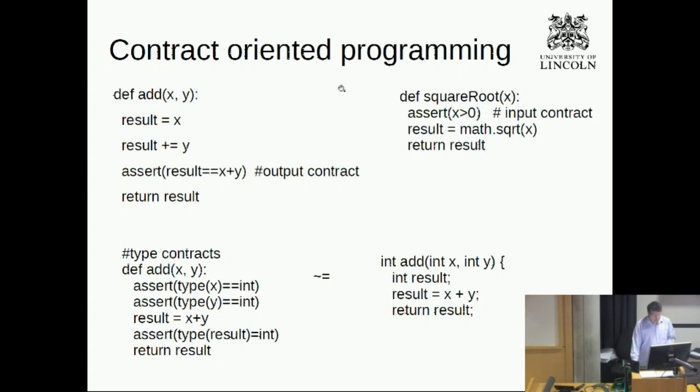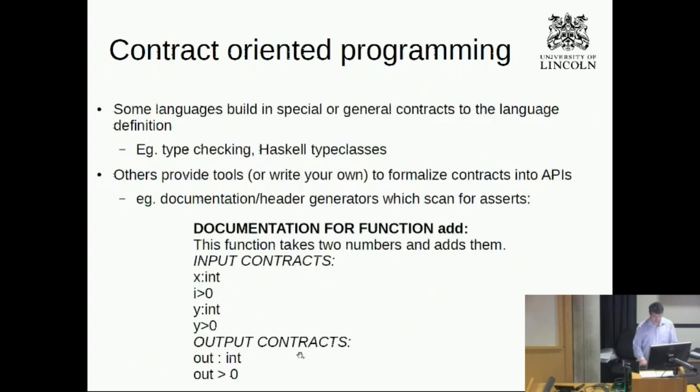So what you get in contract-oriented programming then is a bunch of asserts at the beginning, a bunch of asserts at the end. And we're going to do this deliberately as a software engineering practice, and we might have special tools that understand what these things are and are able to process them. So for example, you might have a documentation tool that will pull out all the promises for inputs and outputs. So look, here's an auto-generated doc for my addition function.